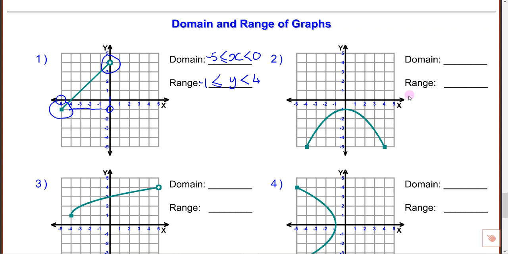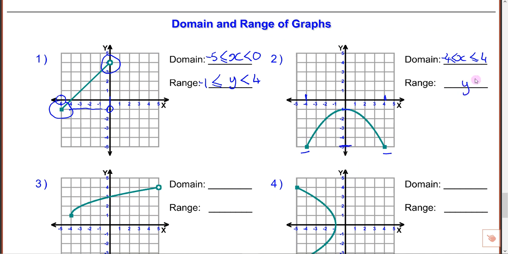Let's look at one more example. So this one, I notice here are my 2 dots. They're filled. So I know x goes from this point to this point on the x-axis. So I know x is between and equal to 4 and -4, yeah? On the y-axis, I go to that point and then go down to that point.